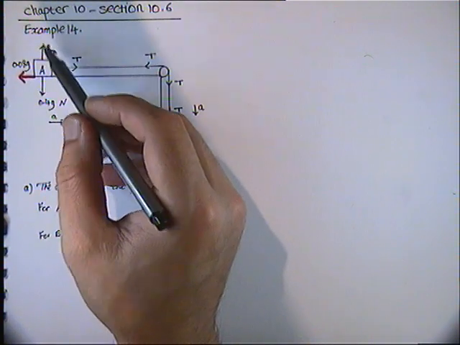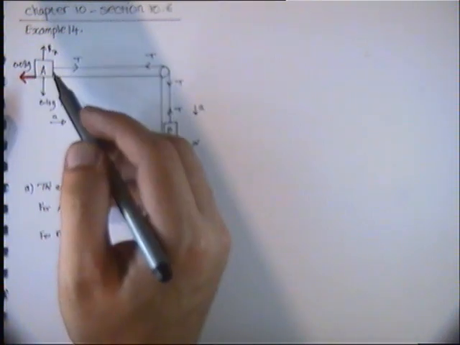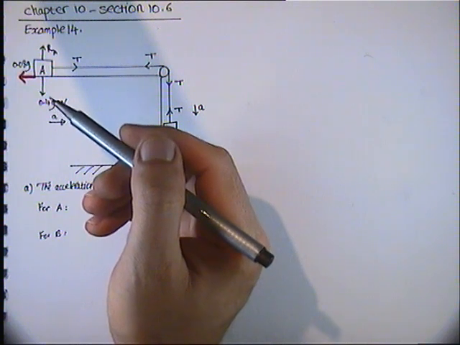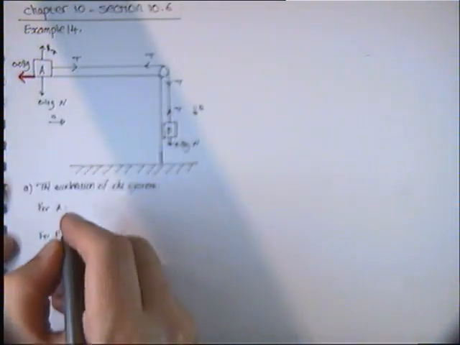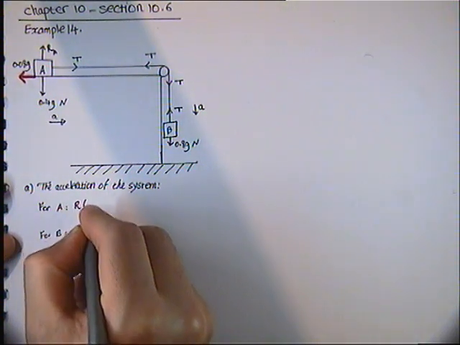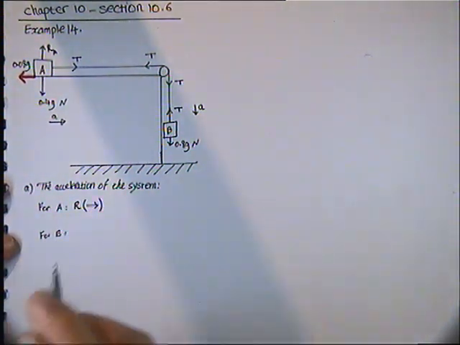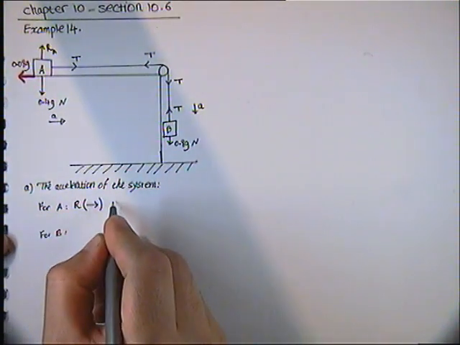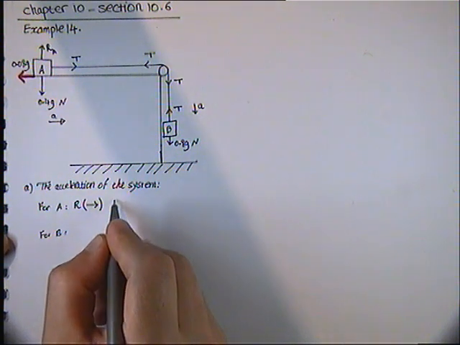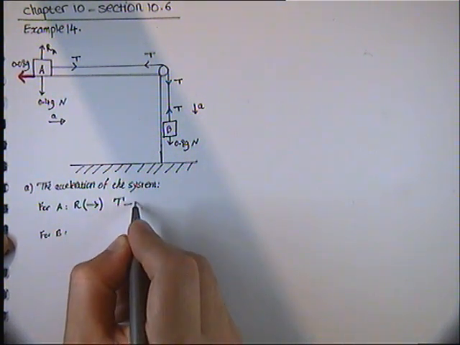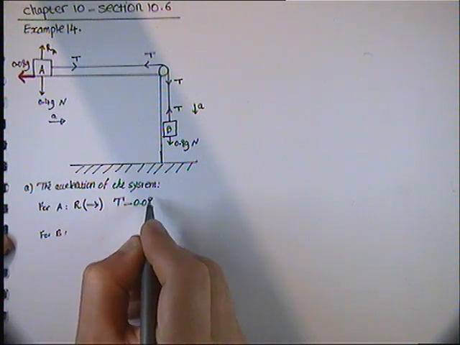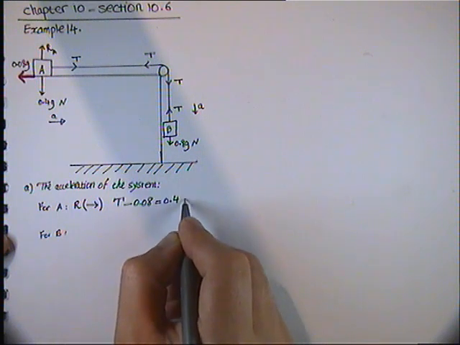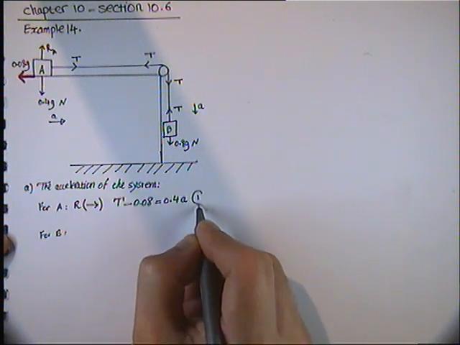The acceleration upward or downward is zero, so we don't need to write down the forces in these directions. Let's write down the force in this direction. It's moving from left to right, therefore T is positive and 0.08g is negative, which is the frictional force. T minus 0.08g equals mass times acceleration, 0.4a. Let's call this equation 1.